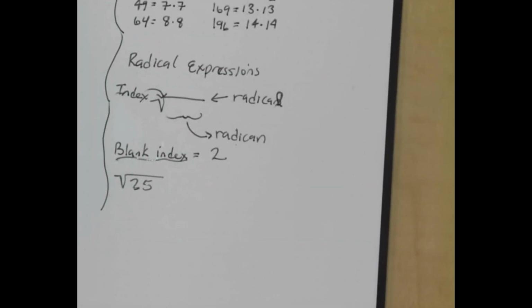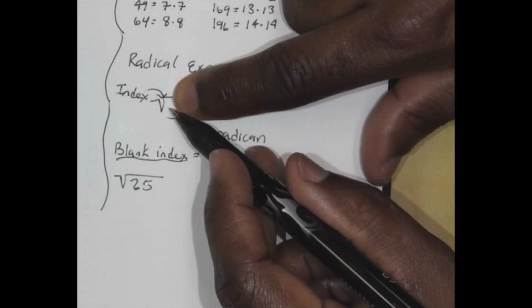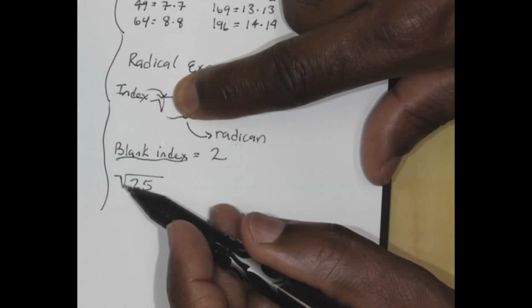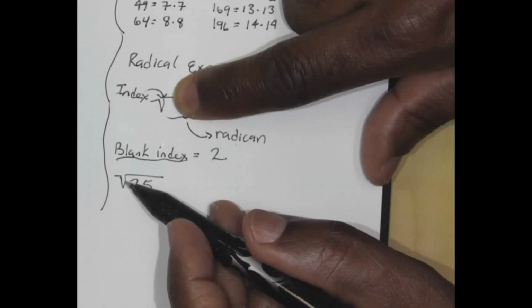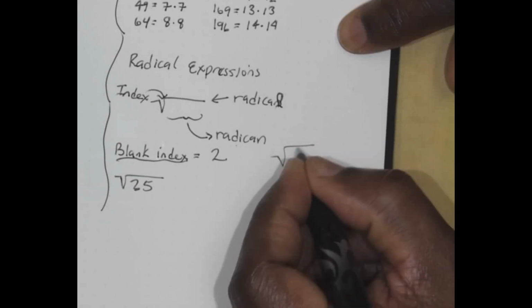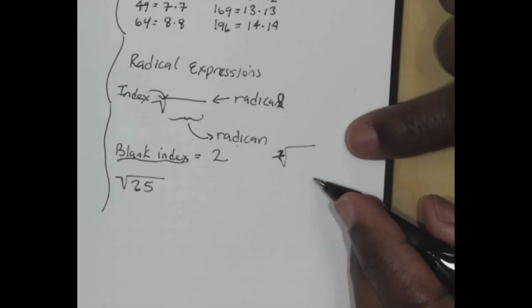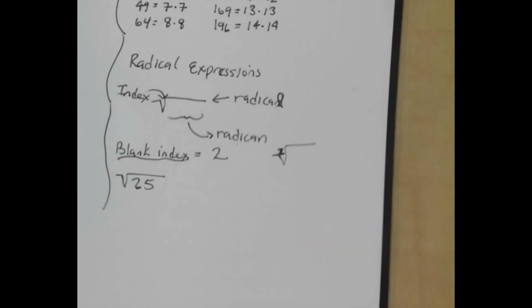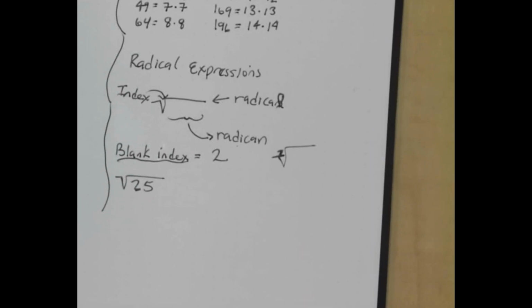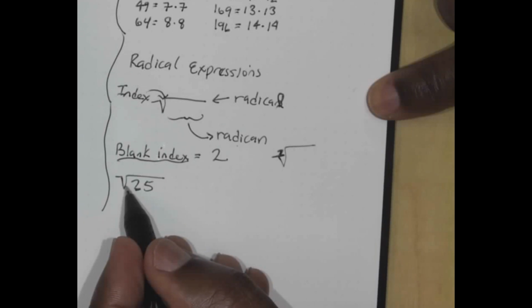Why is the index 2? It's blank. Ain't nothing in there, right? So when it's empty right there, that means square root, that's why it's called a square root. When it's blank, it's an automatic 2. So you can have a cube root, you can have a 4th, 5th, all that. So when it's blank, there's an understood 2.